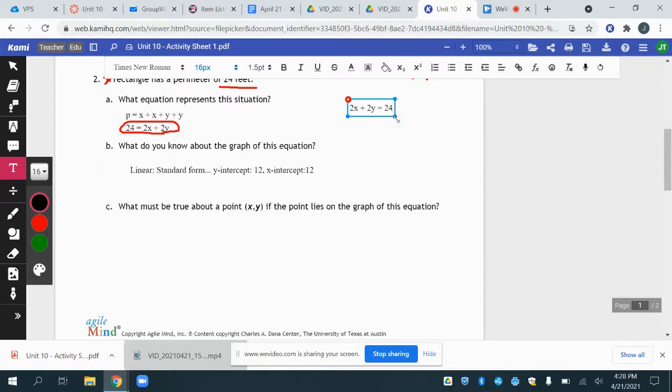I would, if I wanted to solve for y, I would take away 2 x's. And I'm going to put 2y equals -2x plus 24. And then I would divide everything by 2. Now I'd get y equals -1x plus 12. This tells me the y-intercept and the slope. The slope is -1 and the y-intercept is 12.